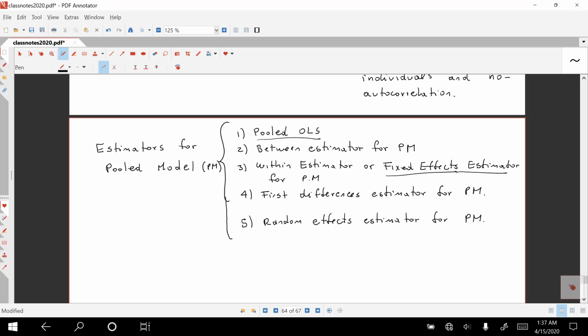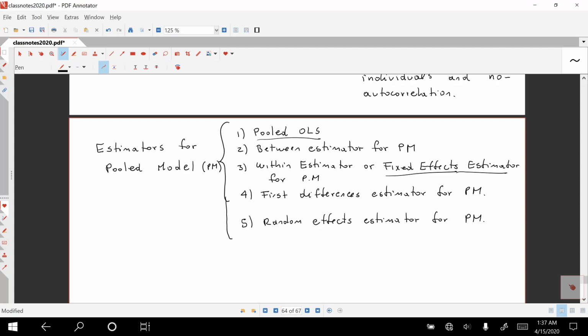But this is the fixed effects estimator for the pooled model. And then we'll also be talking about the random effects estimator for the pooled model, in addition to the between estimator and the first difference estimator. So that's what I talked about before: from the beginning, you need to be careful about the language and the terminology to avoid getting confused.